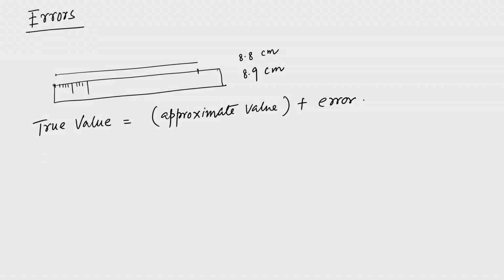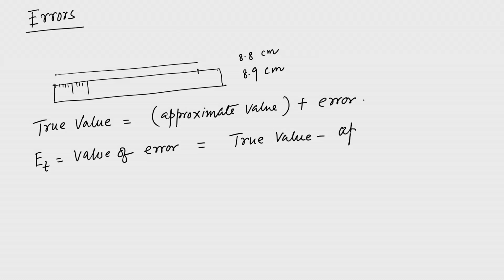Let us call this value of error E_t, which is equal to the true value minus the approximate value.